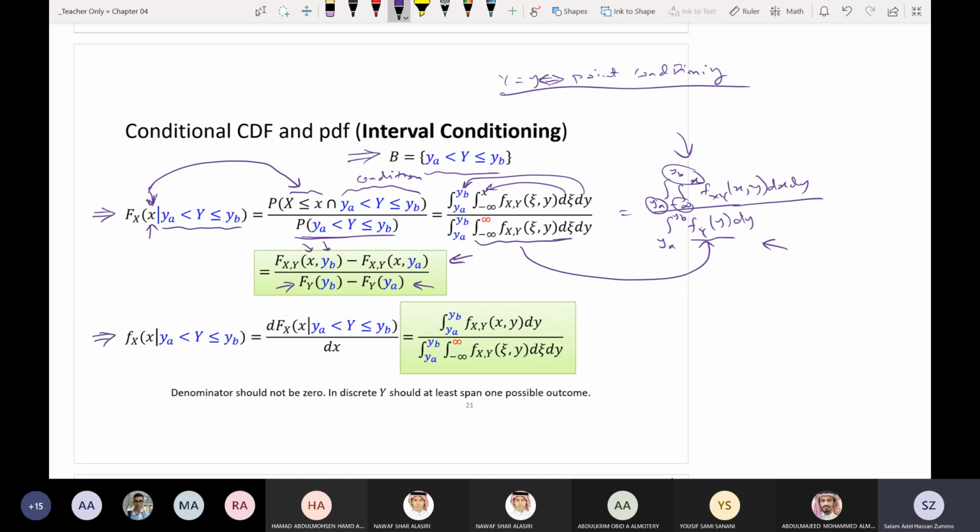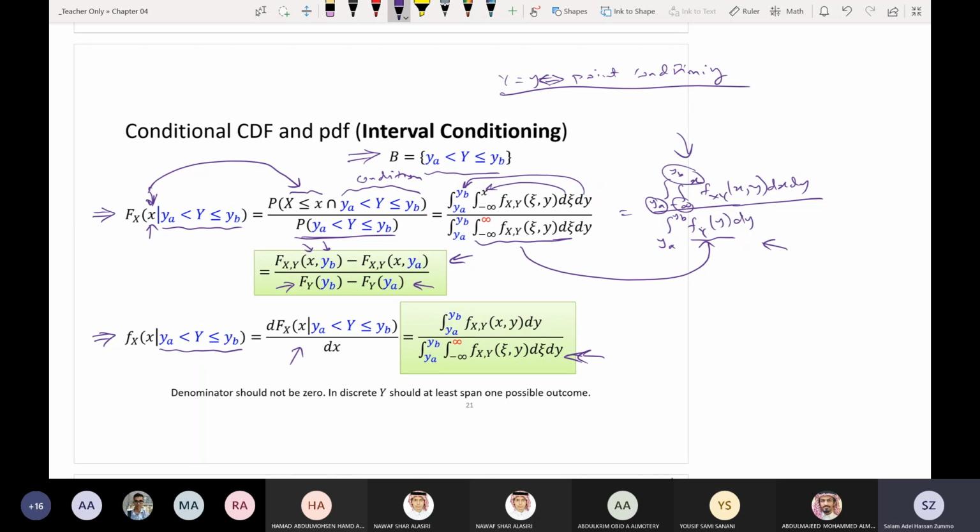Now the conditional PDF of X given the same condition, interval conditioning with Y between ya and yb, equals the derivative of the conditional CDF that we found before. When we differentiate the conditional CDF, we only differentiate what is a function of x. The denominator is a function of y, so nothing happens to it.